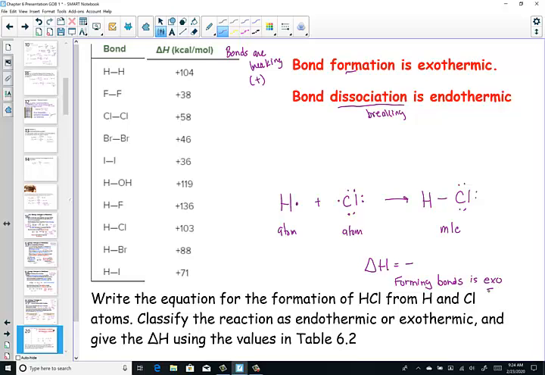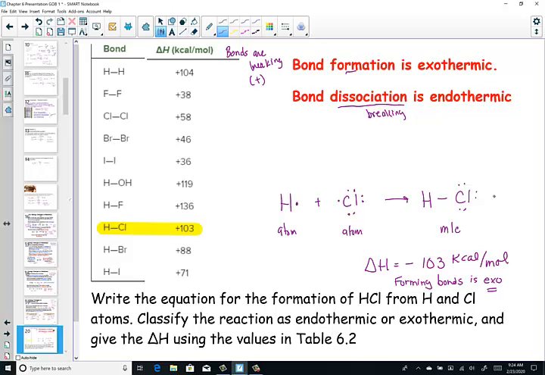And I know exothermic is always negative. Well, how much energy did it release? When I find my value, and it's just really reading this chart, here's the HCl, I read across, and notice it's positive because that's a bond dissociation energy chart. Bond dissociation is endothermic, but we're just going to flip the answer to be negative 103 kcals per mole.